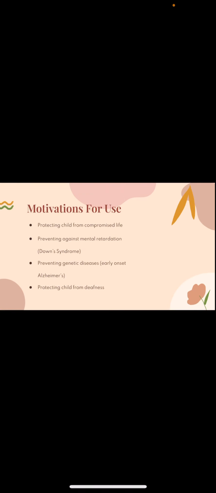So some motivations for the use of prenatal testing and selective abortions are mainly to protect children from a compromised life. That is one of the main arguments that surround this topic.